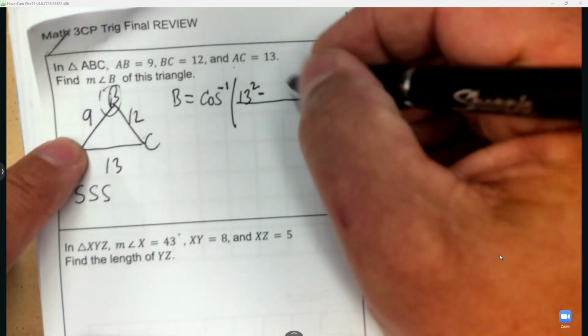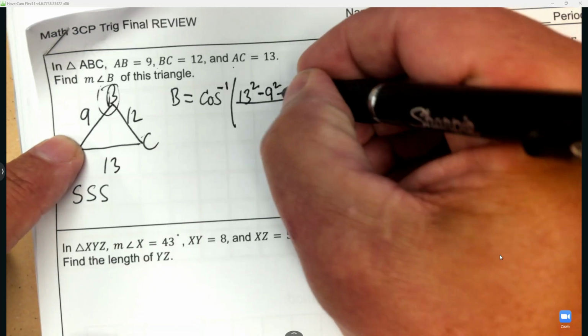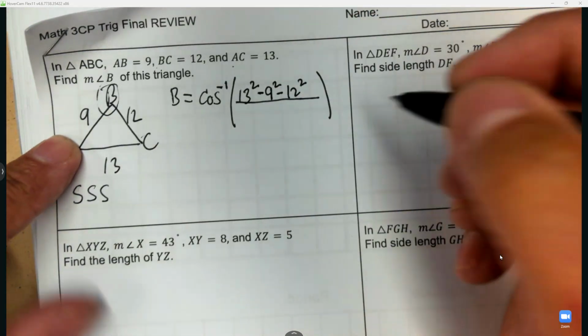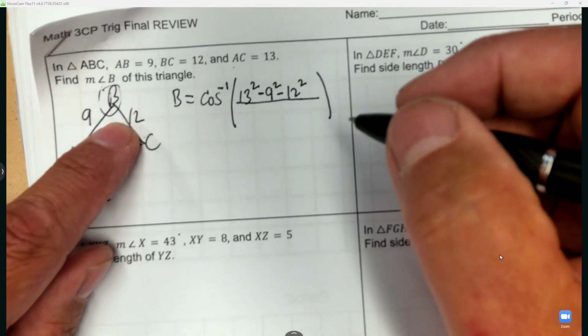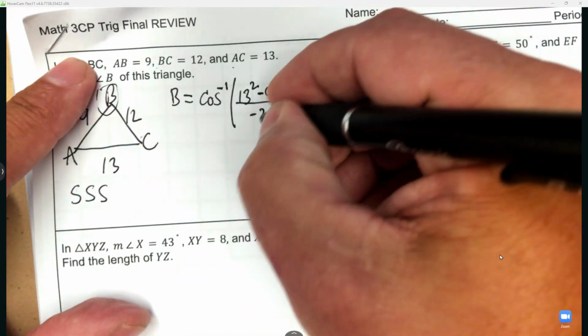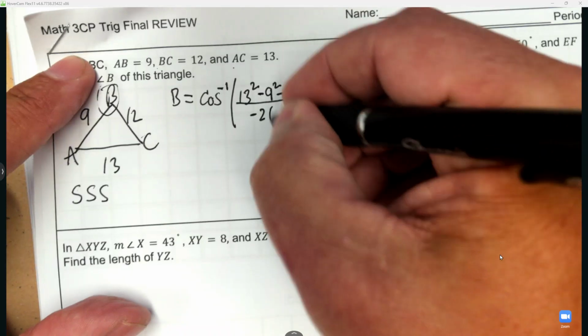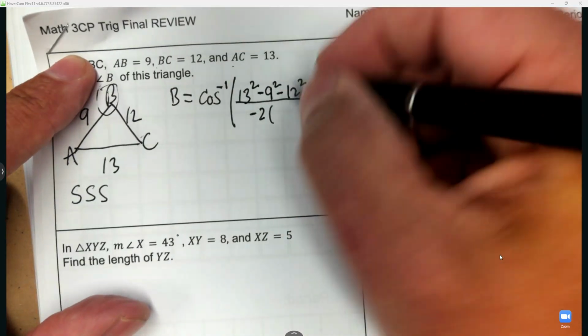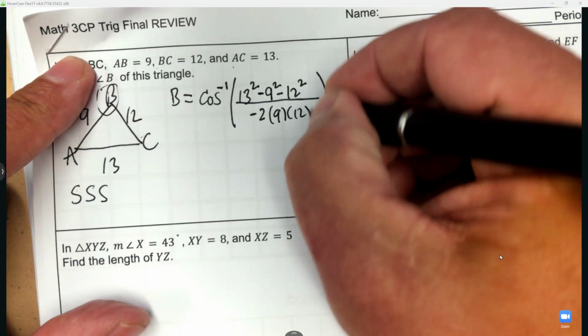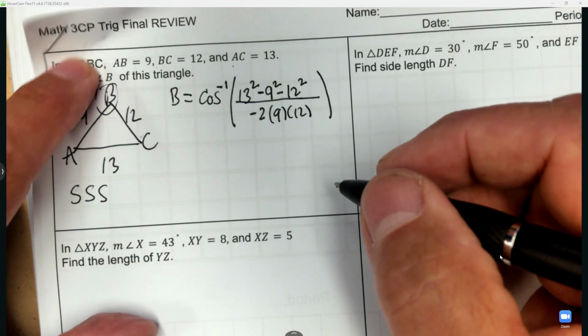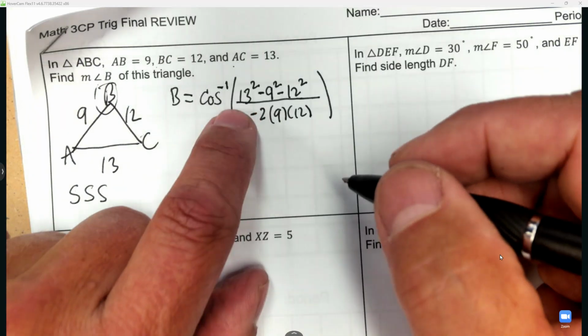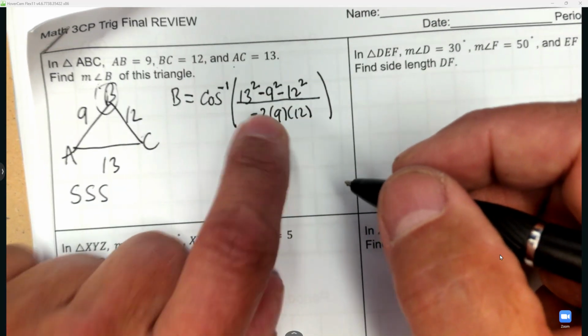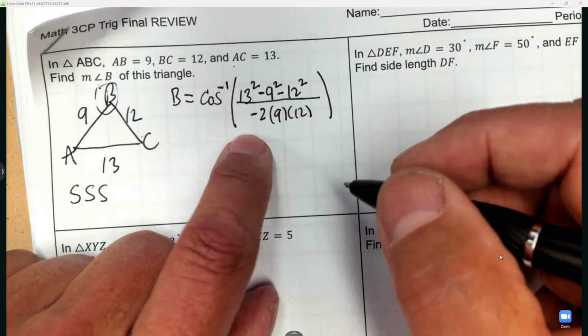Then we're going to subtract, and we use the other sides, but the order doesn't matter. So we subtract and square and subtract and square. In the denominator, we start with -2, and then again we use those sides 9 and 12, and order doesn't matter. So the only time I use the side opposite of the angle I'm looking for is the very first time. Otherwise, I use the other sides, and we need to be comfortable with the setup.